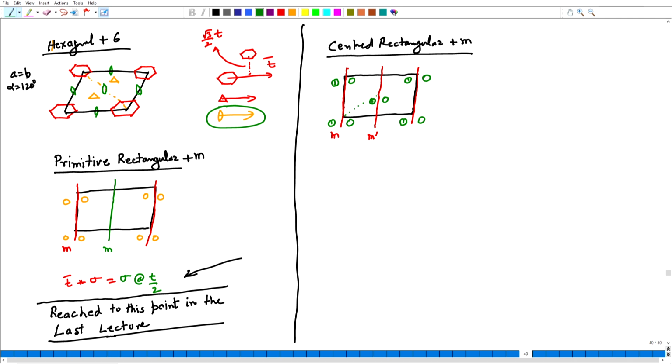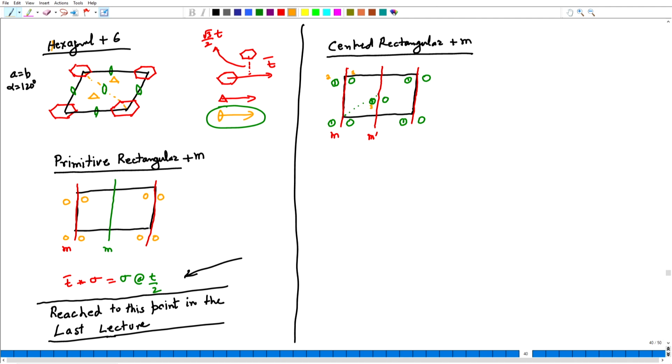Now, let us say that this is motif number 1, this is motif number 2, and the translation took it to motif number 3.